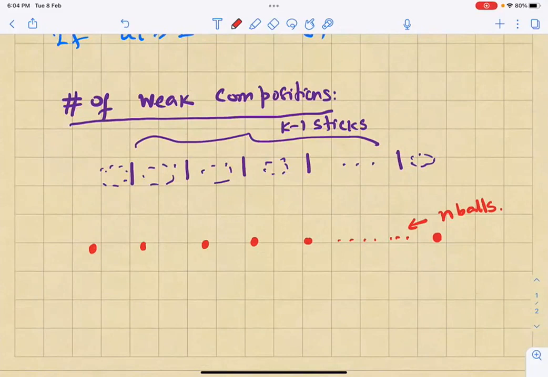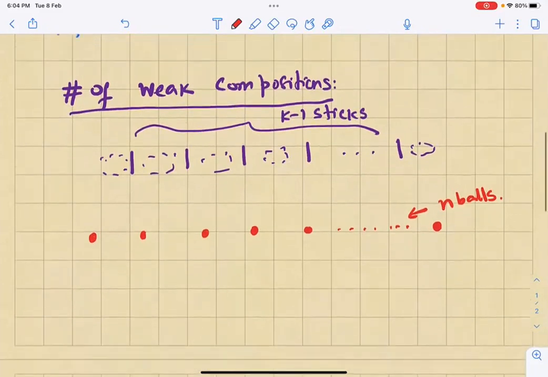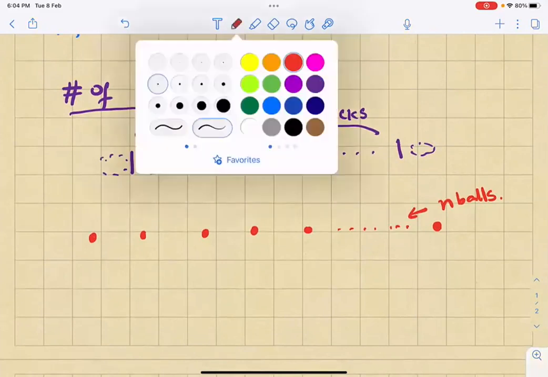And it is not necessary that between two sticks you always have to place a ball, because some box could be empty. Right? If you think in the right way, these questions are really nice.